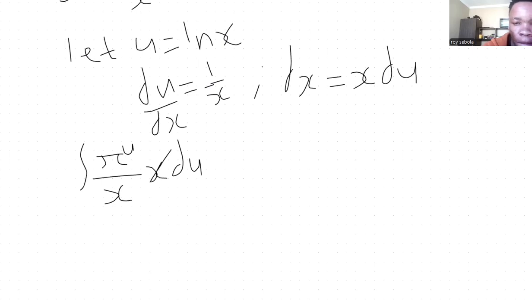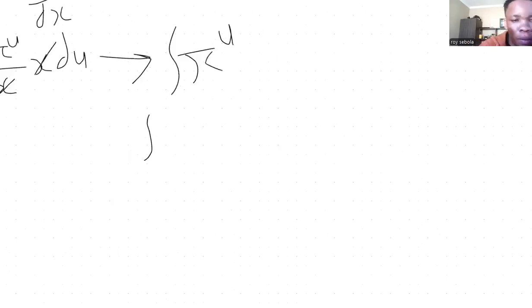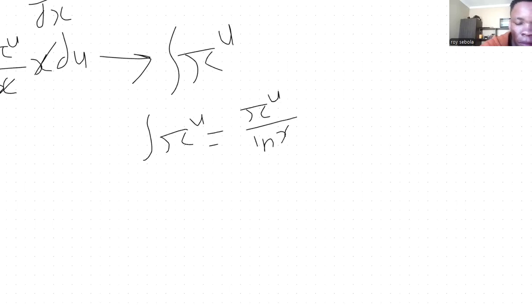to the u. So when you integrate this thing, you will have the integral of pi to the u is equal to pi to the u divided by ln pi, plus c, which is equal to pi.